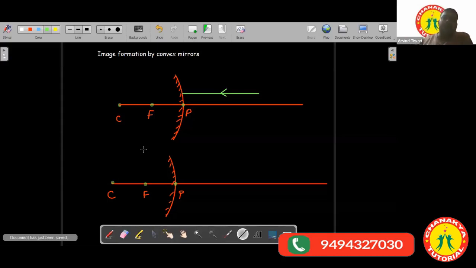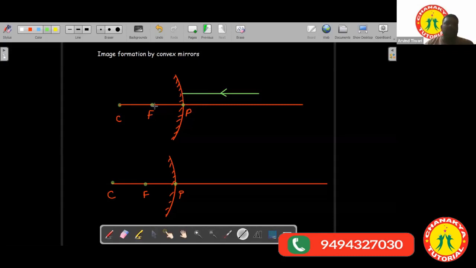So if a ray of light is parallel to the principal axis, it must pass through focus. Okay, the ray of light should pass through focus, but this ray of light cannot pass through focus. So Ionija, why can't it pass through focus? As per the rule, the ray of light should pass through focus, right? But I say it will not pass through focus.